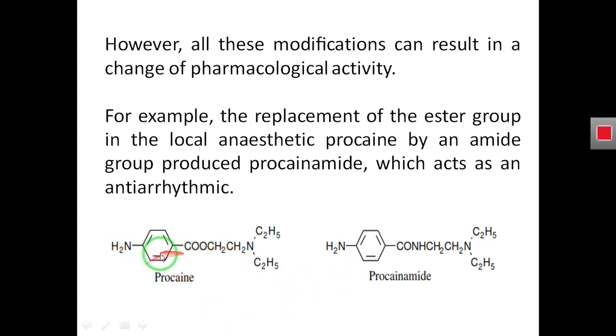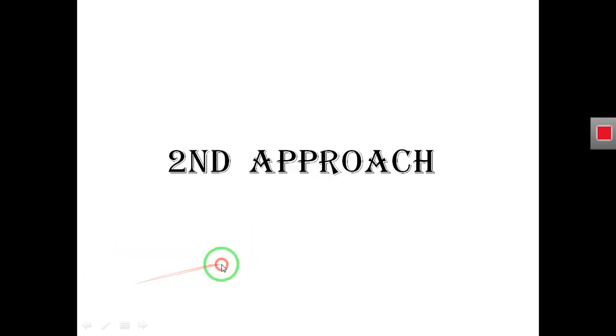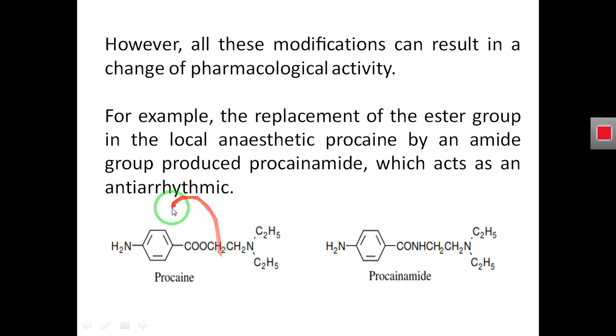As in the case of procaine, which has an ester group, if we remove this ester group from this drug and add an amide group, you can see here C double bond O, OCH2. So what do we introduce between this group? We introduce an amide group, NH. You can see here we introduce NH. So it becomes procainamide from procaine.